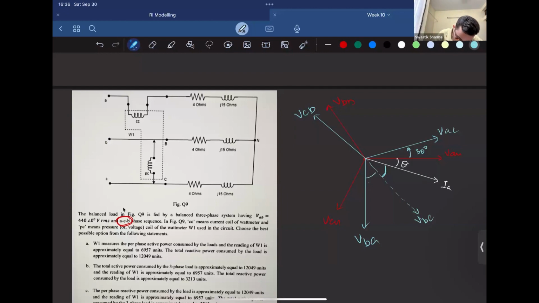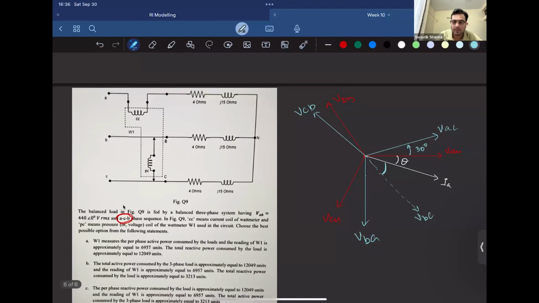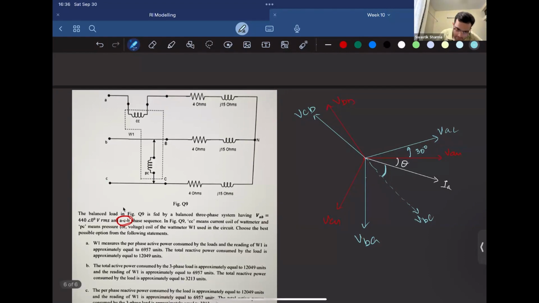It is 120 degrees and 30 degrees, and this whole angle is 30 degrees.